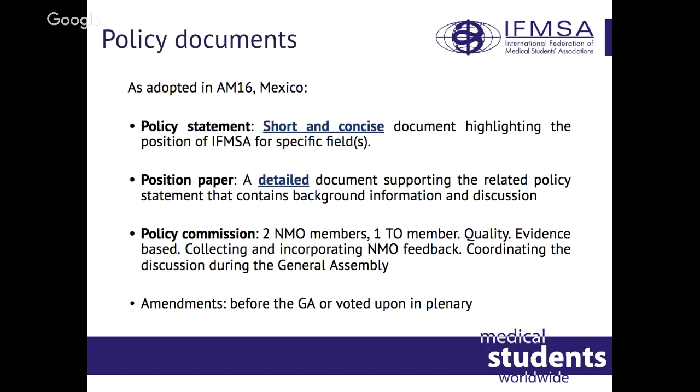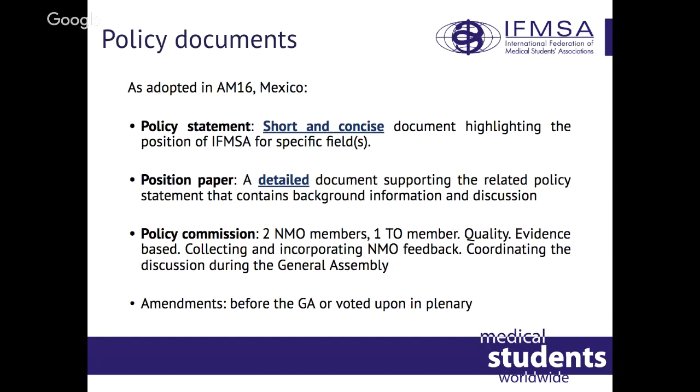In this case, it was the August meeting, and then you can apply to be part of the small working group that develops these policy documents. But also, NMOs have the possibility to develop their policy documents with their own small working group. So NMOs can also open a call for small working groups to develop policy documents.